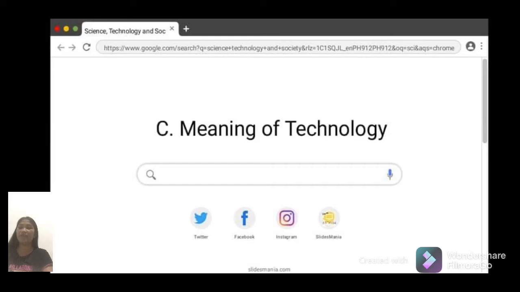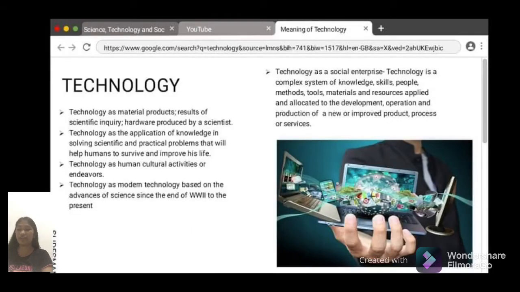C. Meaning of technology. Technology came from the Greek word techne, meaning craft or skills, and logos, meaning discourse or reason.